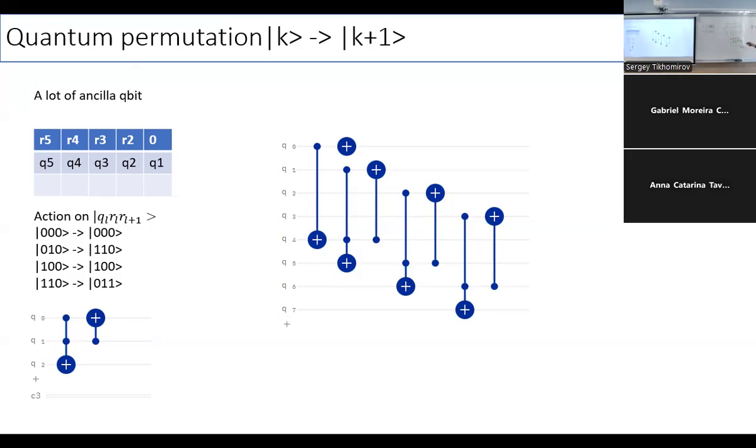So Q4, the number which I should put here, is exactly controlled Q0. So if Q0 was 1, it should become 1. So here I calculated Q4 and calculated the new value of Q0. Yes?